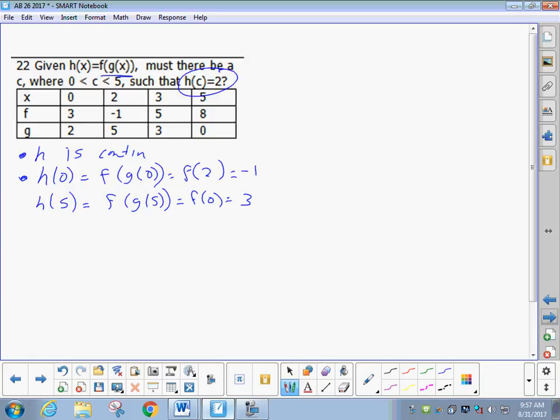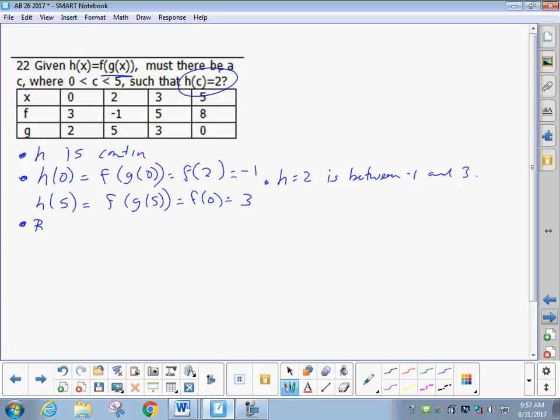Must H pass through 2 along the way? Yeah, that's continuous, and it is. So, H equals 2 is between -1 and 3. So it must pass through. If it were outside, then I guess I would say it doesn't necessarily have to pass through 17.